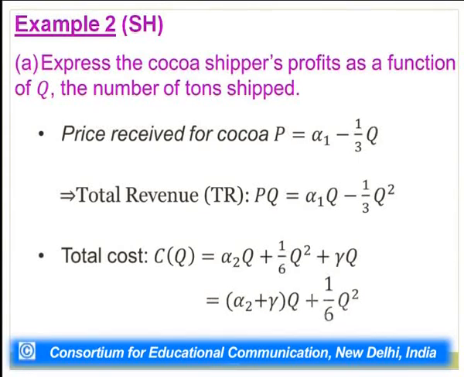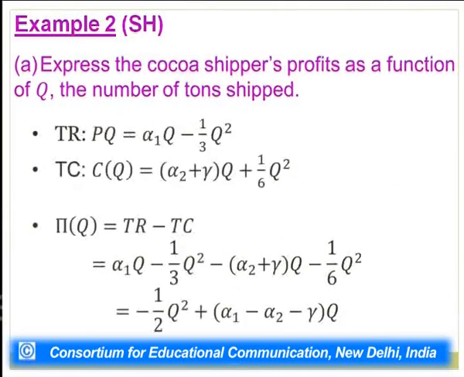So that then gives me as the total cost alpha 2 plus gamma, the whole thing times Q plus 1/6 Q square. And now that we have the expressions for total revenue and total cost, we are in a position to calculate the firm's profits, which would then be total revenue alpha 1 Q minus 1/3 Q square minus the total cost, which is alpha 2 plus gamma, the whole thing times Q minus 1/6 times Q square. And let's just write it as a nice quadratic function.